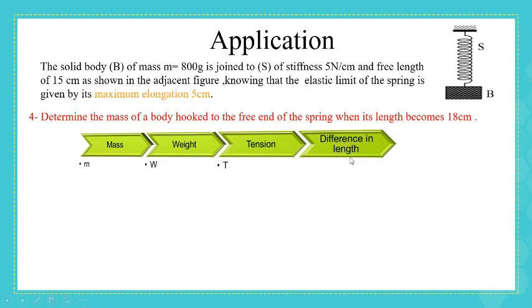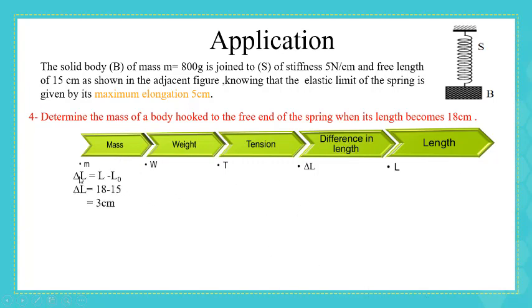After you find the difference in length, you can apply Hooke's law to find the tension, then a condition of equilibrium to find the weight, then mass times gravity to find the mass. So we start from the given, that's the length, and then in the opposite sense, we apply all these relations to find the mass. Let's start.